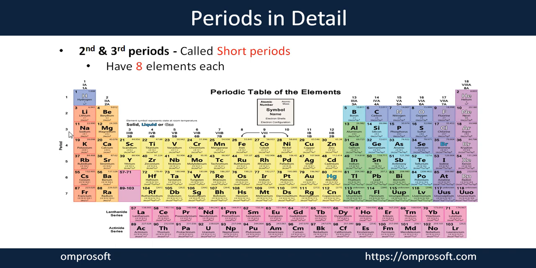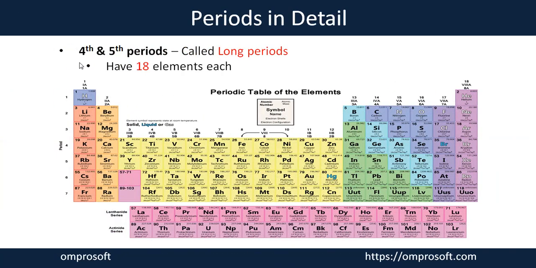And period number 3 goes from sodium to argon, from 11 to 18. In both periods, we have 8 elements. That is why they are called short periods. They are long as compared to period number first, but they are short as compared to period number 4 and 5.